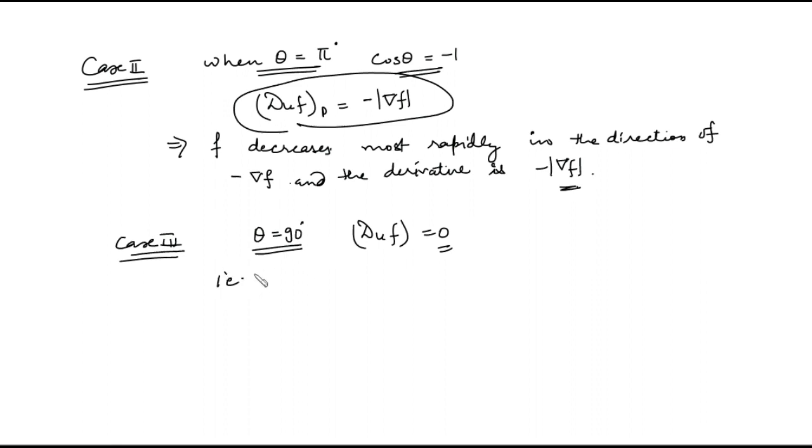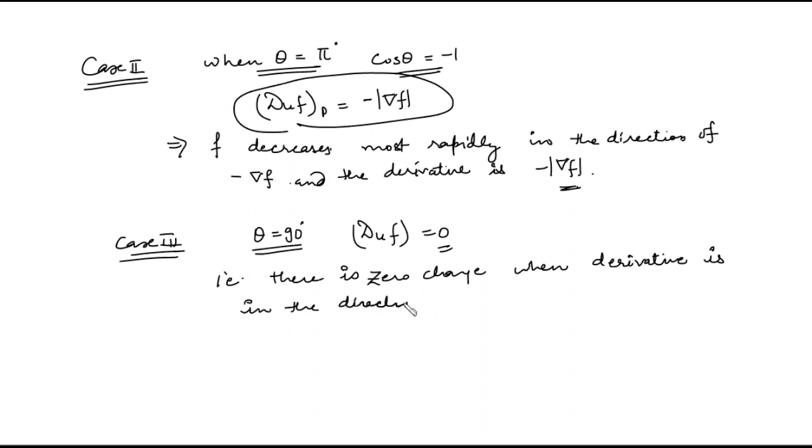So that means there is no change, or 0 change, when the derivative is in the direction orthogonal to the direction of the gradient of f.